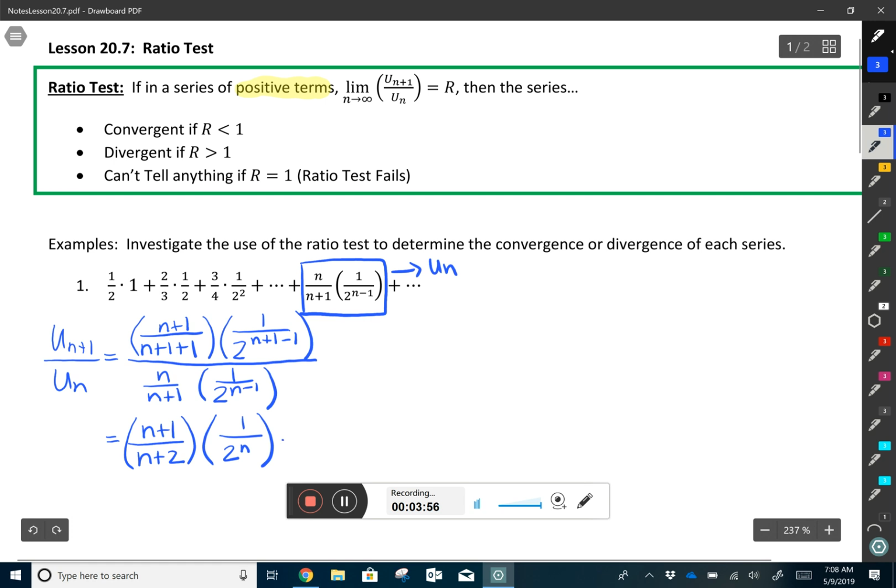And then I'm going to multiply that by the reciprocal of the denominator. So my denominator's reciprocal is going to be n plus 1 over n times 2 to the n, and 2 to the n minus 1. I'm going to write it as 2 to the n times 2 to the negative 1 over 2, because then I can cancel the 2 to the n with the 2 to the n.